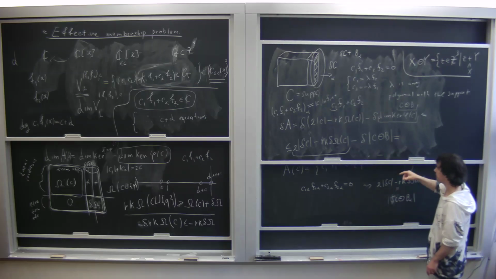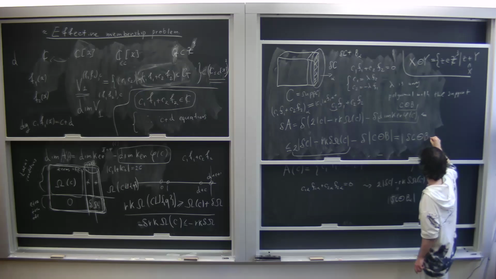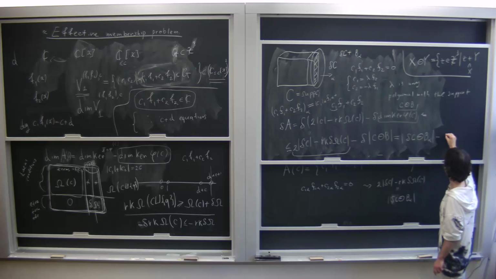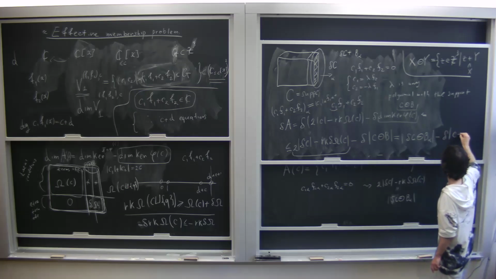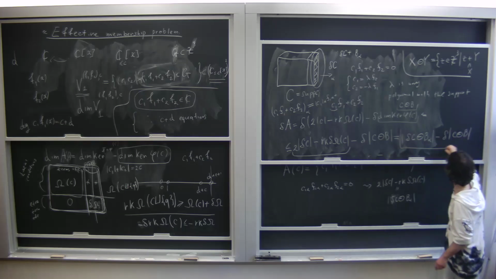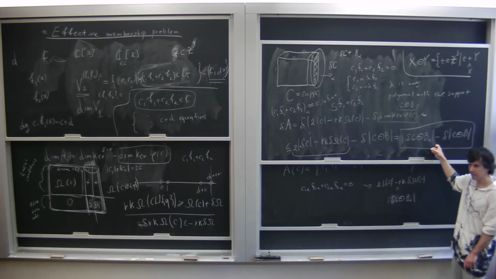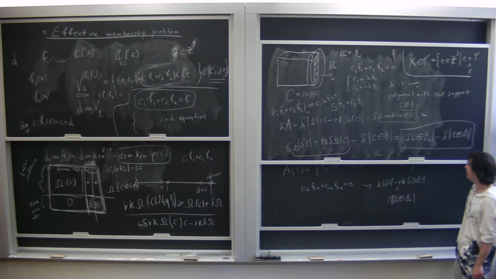So we can see that this formula is going to be like delta of C alpha minus B alpha minus delta of C minus B. So let us think of the geometrical meaning of this inequality.